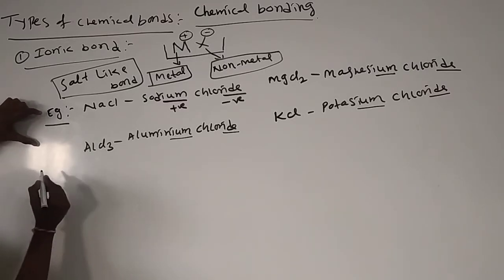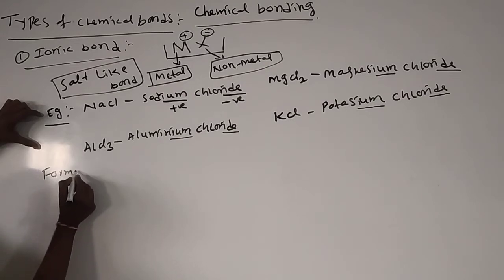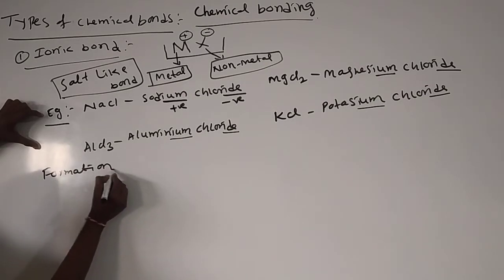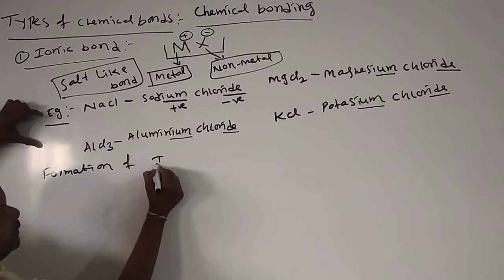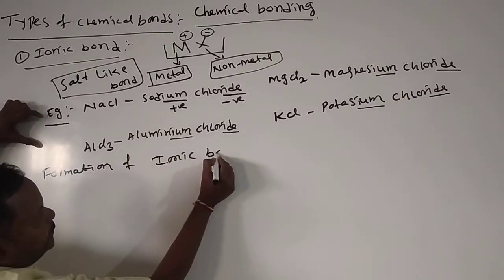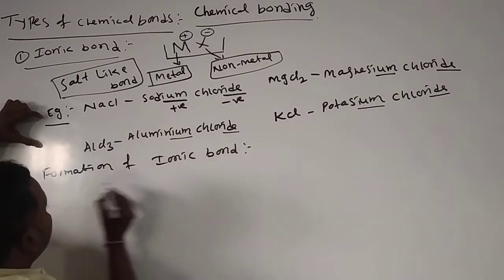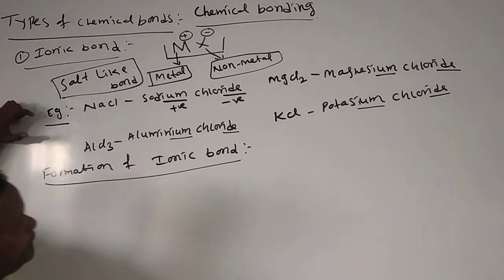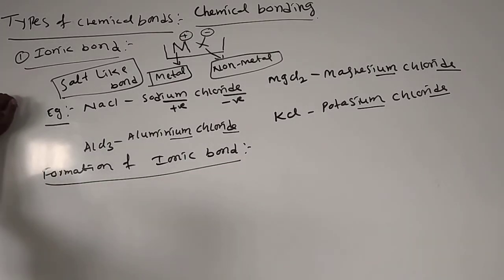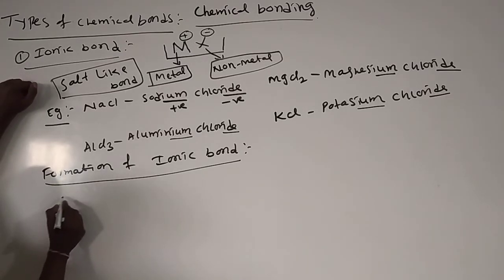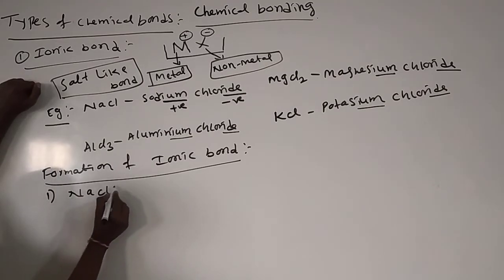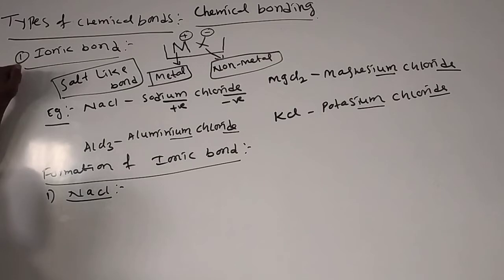How does an ionic bond take place? Formation of ionic bond. First, sodium chloride. How is the sodium chloride molecule formed?